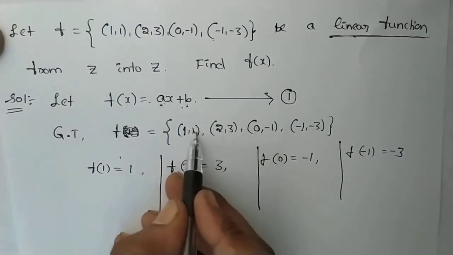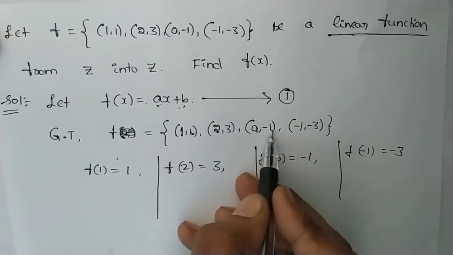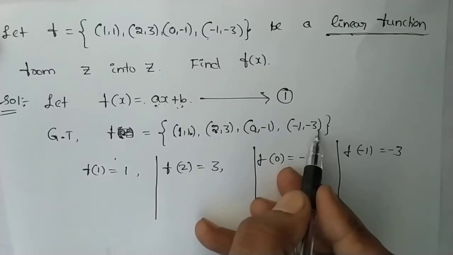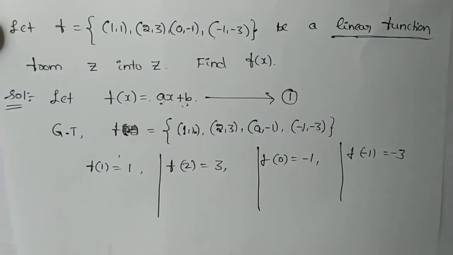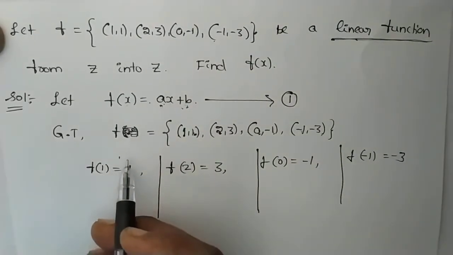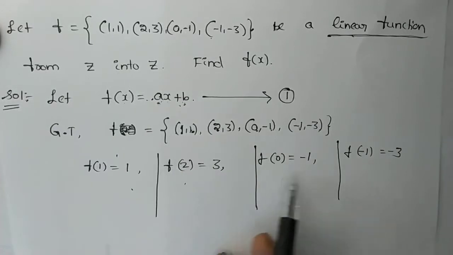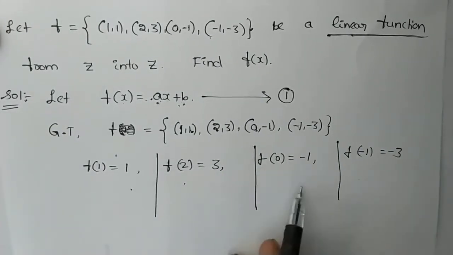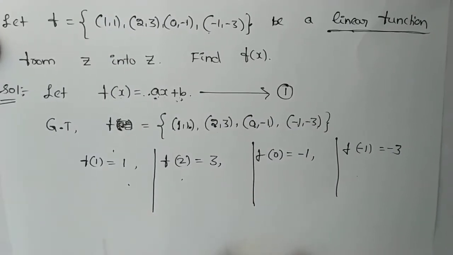Once again, f of 1 equals 1, f of 2 equals 3, f of 0 equals minus 1, f of minus 1 equals minus 3. Right? Now, you use this linear function here. We have four values, and you can choose any two.